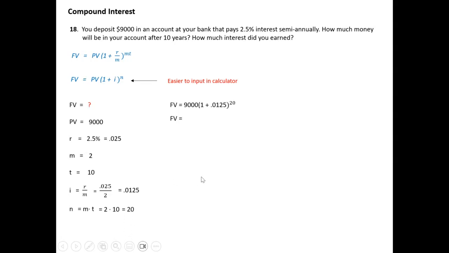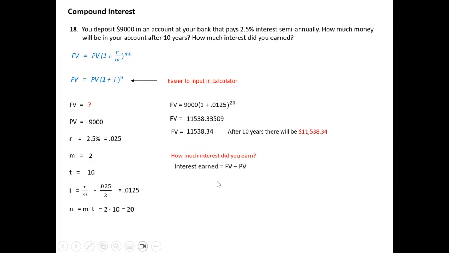Plug everything into the formula and then into the calculator, and it's going to give us $11,538. Rounded to the nearest penny, it will be 34 cents. So after 10 years, there will be $11,538.34 in the account. Now, how much of it was interest?